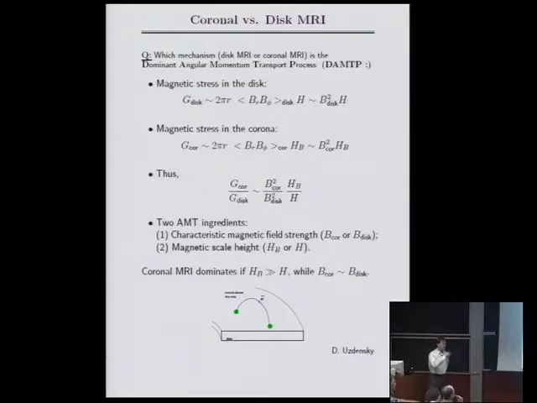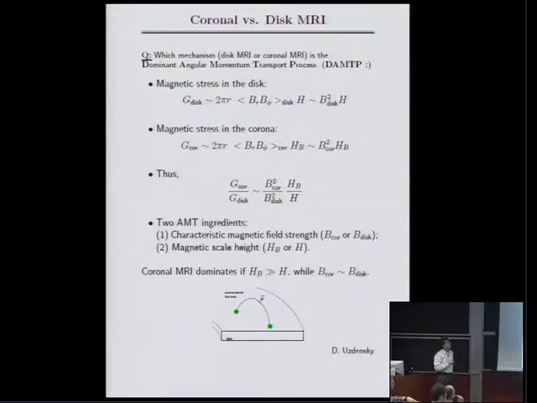We can estimate the magnetic stress, say through a certain radius integrated in height, through the disk and through the corona separately. It basically boils down to the square of the magnetic field in the disk times the disk scale height. And in the corona, similarly, it's basically the coronal magnetic field squared times the magnetic scale height in the corona.